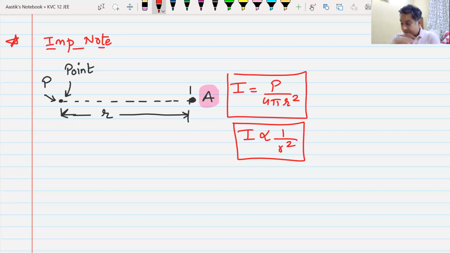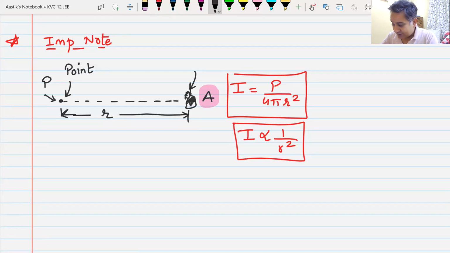Now, we can think of it in a different way. Suppose instead of this being a point, let me make this a small area.